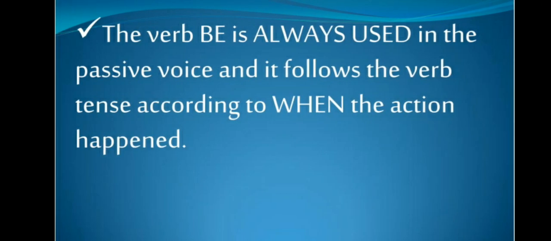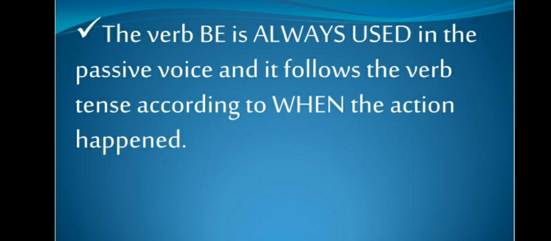The verb be is always used in the passive voice. Always. Always you have the verb be. Of course, not exactly the word be, but in other ways, like in other examples such as is, are, were, okay?